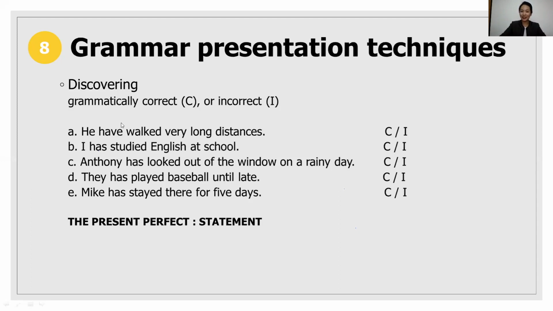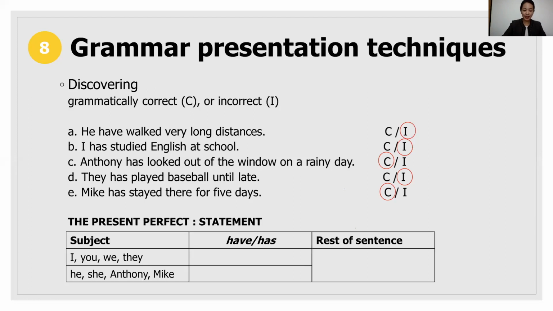Yes, incorrect. Why? He has. It should be has, right? So students can answer like this. They can do it individually, or they can do it as group work. Okay. And then you can draw this kind of chart on the board to show the given sentences.